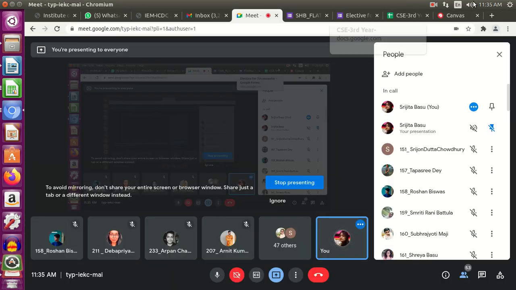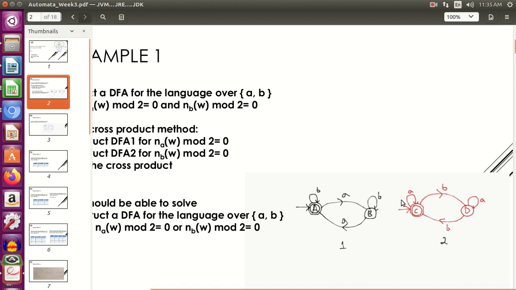Let me go to the canvas. So we are taking the cross product, right students? How to take the cross product? First of all, how many states would be there? I have 1, 2, 3, 4. So for the cross product, I will take all the combinations, that is AC, AD, BC, BD. That is how you take the cross product.